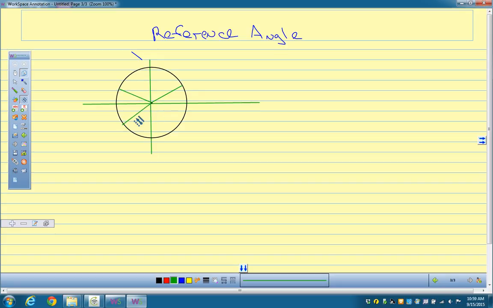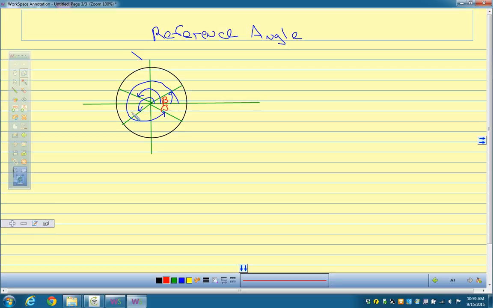Here's a terminal ray. Here's a terminal ray. If the angle goes from here to here, or from here to here, or from here all the way to here, the reference angle is this thing right here. Let's see if I can do a different color. This angle right here is the reference angle. We'll call it like beta.